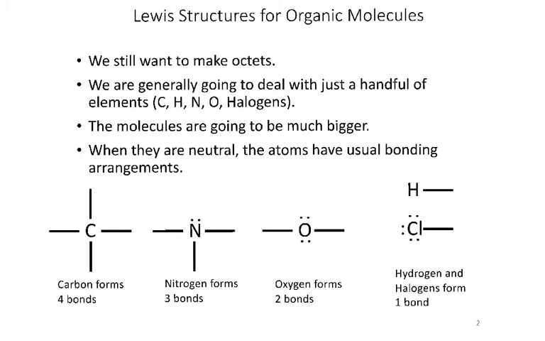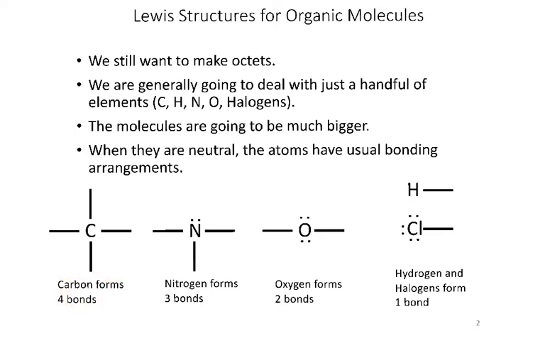So what we can take advantage of is that in organic compounds, the few elements that we're going to be dealing with often have very predictable bonding arrangements, and they are shown down at the bottom. As long as the atoms are neutral, these rules tend to be true. Carbon basically always forms 4 bonds. That's something that we need to sear into your head for organic chemistry.